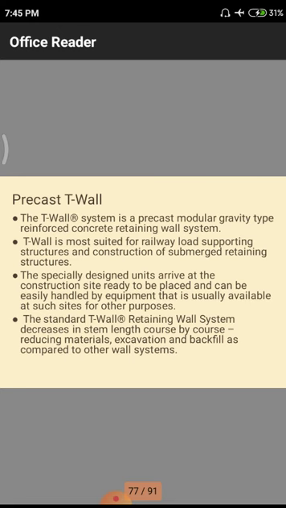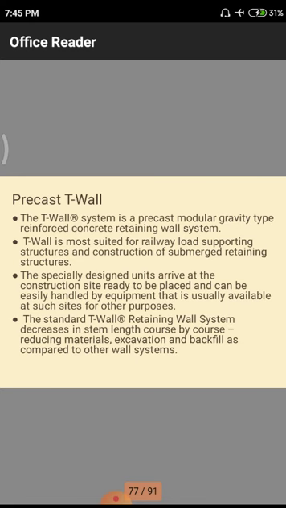The standard retaining wall system decreases the stem length by reducing the materials, excavation and backfill as compared to other wall systems. Here the standard T wall retaining wall system decreases the stem length. That means we have both web and flanges.